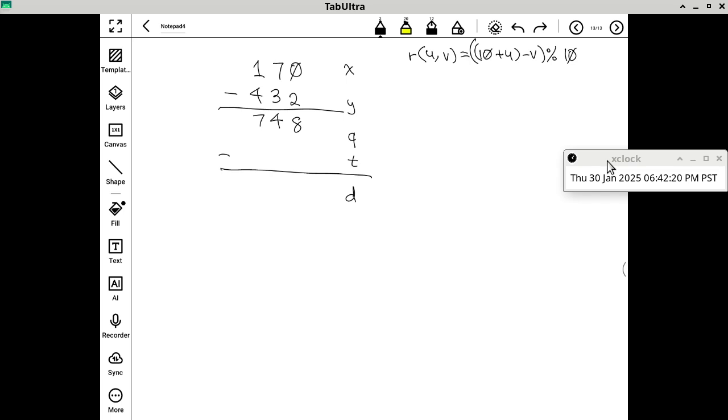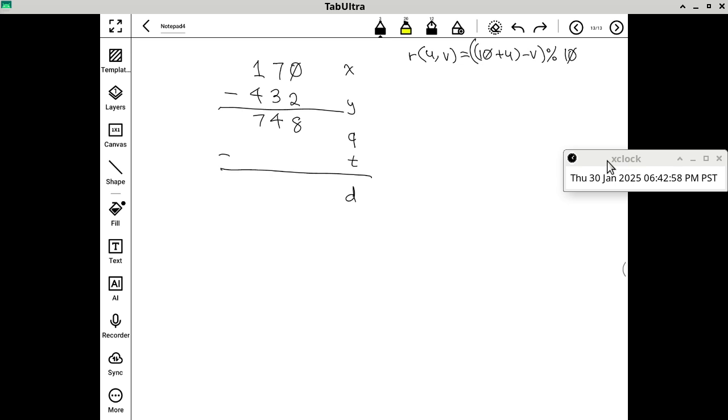Does that make sense? Because U is a single digit, which means it can only go from 0 to 9. And V is also a single digit. It can only go from 0 to 9. So if I add 10 to U first, then it is guaranteed to be at least 10. So that means the difference cannot go negative. But it can be a little bit too big, okay? Because if U is a 1 and V is a 0, then we have 11 minus 0, which is 11. 11 cannot be a single digit in base 10, so that's an easy problem to fix. Just mod it with 10, and we are now done.